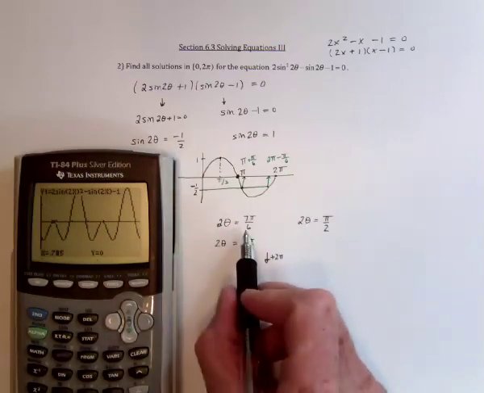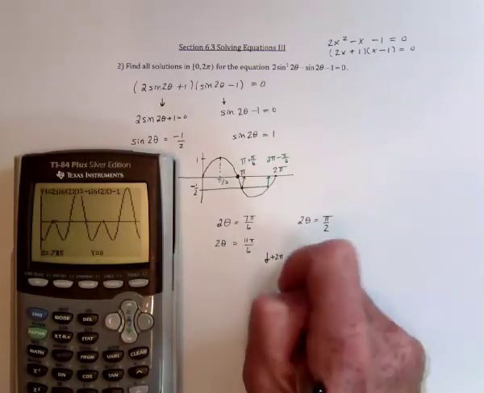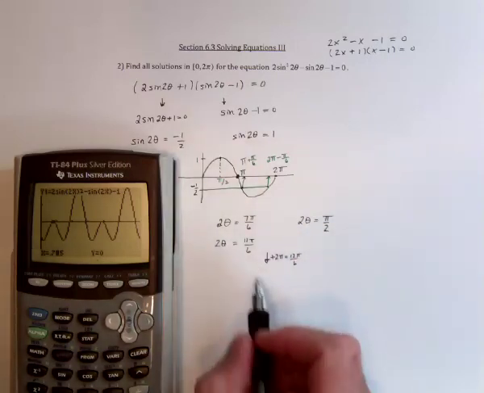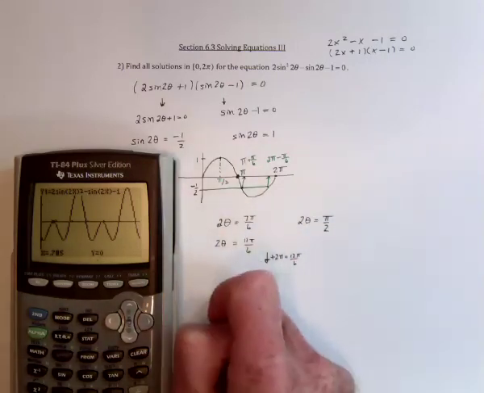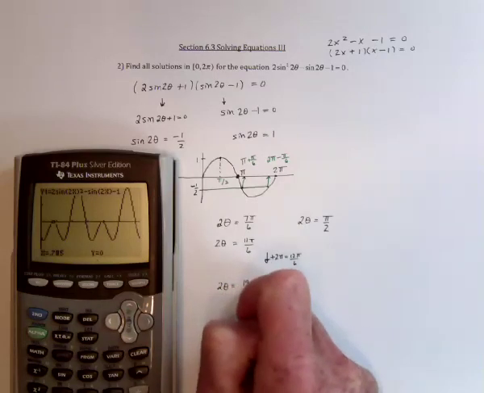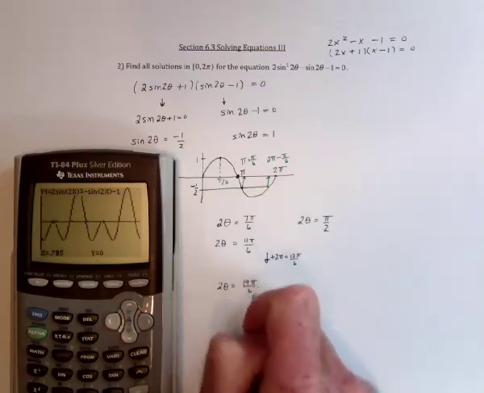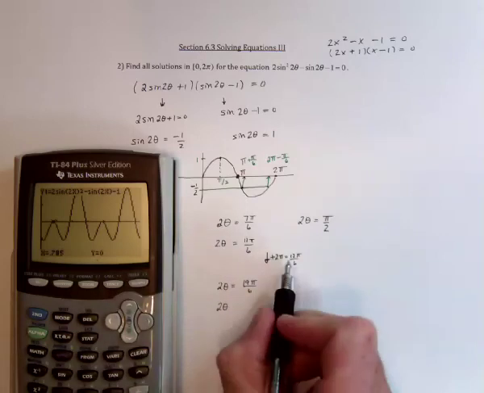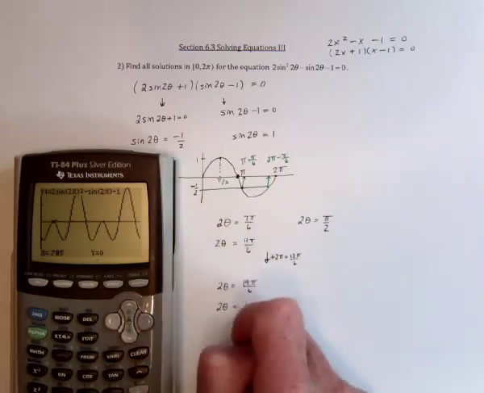So as far as 6, this would be 12 pi over 6. So if you add that, it's going to be 19. So 2 theta equals 19 pi over 6. And if you add 12 pi over 6 to that, it's going to be 23 pi over 6.